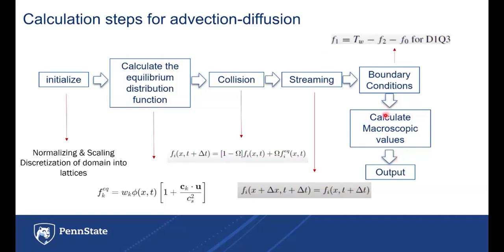And then we need to calculate the macroscopic values. It means we need to transform this dimensionless value into macroscopic values, and then we return to the second step till we finish all the 10 steps, and then we get to the output.